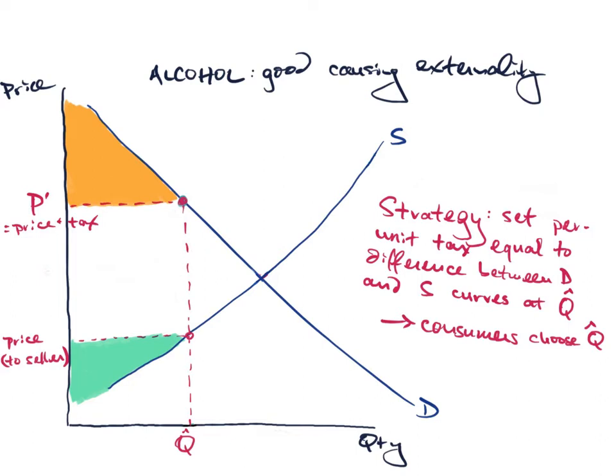But then sellers don't get all of the money when a person purchases marijuana or whatever substance. That's the big difference between controlling quantities directly and taxing. The sellers don't get all that money. There's the price that the sellers receive, which does not include the tax. So the surplus to sellers is everything below the price that sellers receive, down to the supply curve, out to the quantity that's sold.